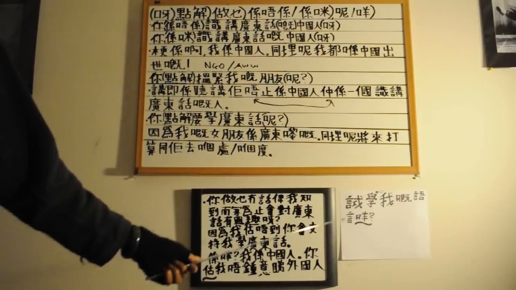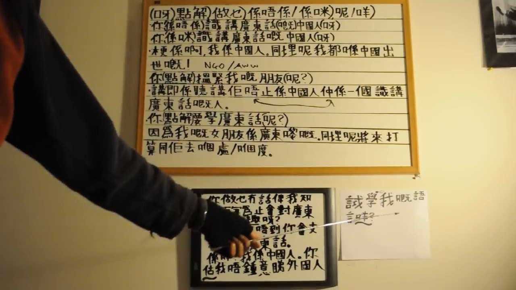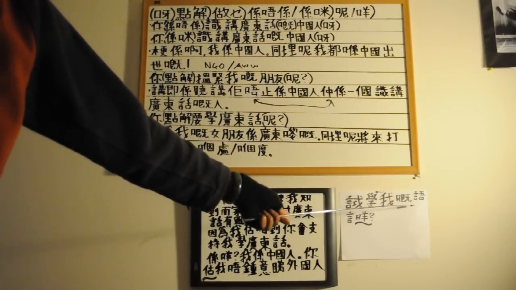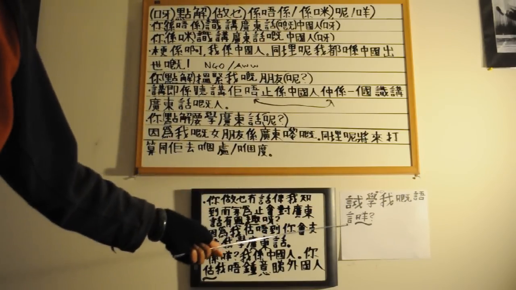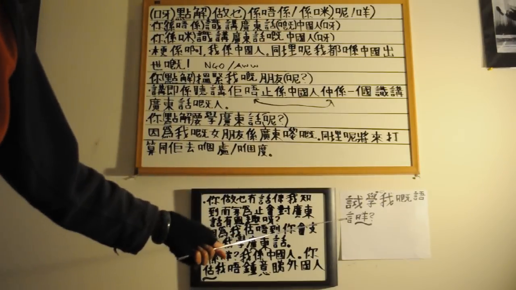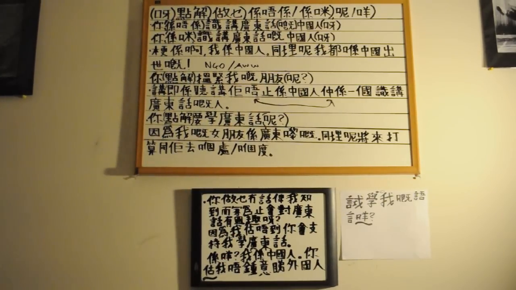See foreigners. 試 is to try. 試學我嘅語言咩, try to study 我嘅, that's the possession here again, my 語言, 語言 is language. And then 咩 is part of that 估. Okay? So that should be clear for you guys.